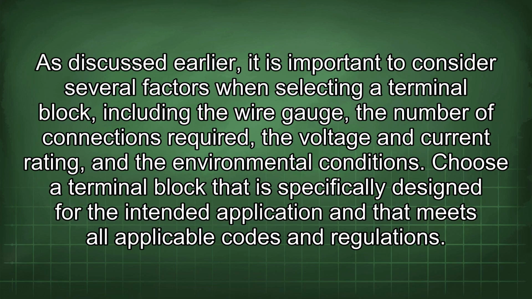As discussed earlier, it is important to consider several factors when selecting a terminal block, including the wire gauge, the number of connections required, the voltage and current rating, and the environmental conditions. Choose a terminal block that is specifically designed for the intended application and that meets all applicable codes and regulations.